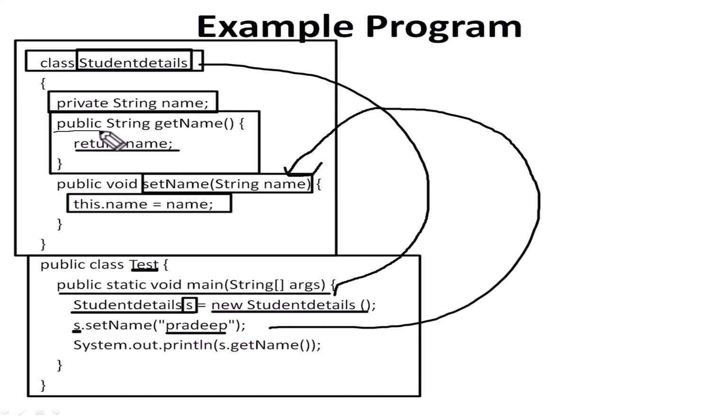If you observe, both the setter method and getter method are public. By using that, you are going to retrieve the name. System.out.println(s.getName()), where the getName function resides, returns the name to System.out.println.